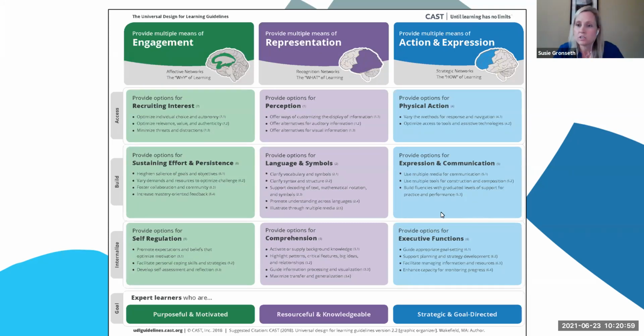What I wanted to show you here is that we have this horizontal dimension to the framework where we have the three principles. We think about how we can engage learners in varied ways, how we can represent information in varied ways, and how we can enable learners to express their learning and practice the skills throughout the experience in varied ways. That's that horizontal orientation across the three principles.